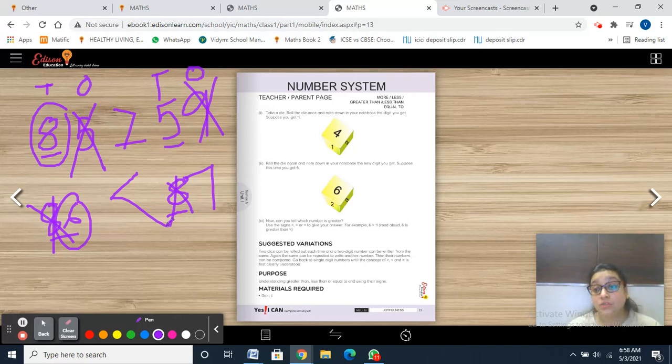Do correction. We always compare the tens place value first. If the tens place values are same, if the tens place value is 5, 5, 6, 6, then we go on ones place value. Unless that, we just check the tens place value. Getting this point, everyone?